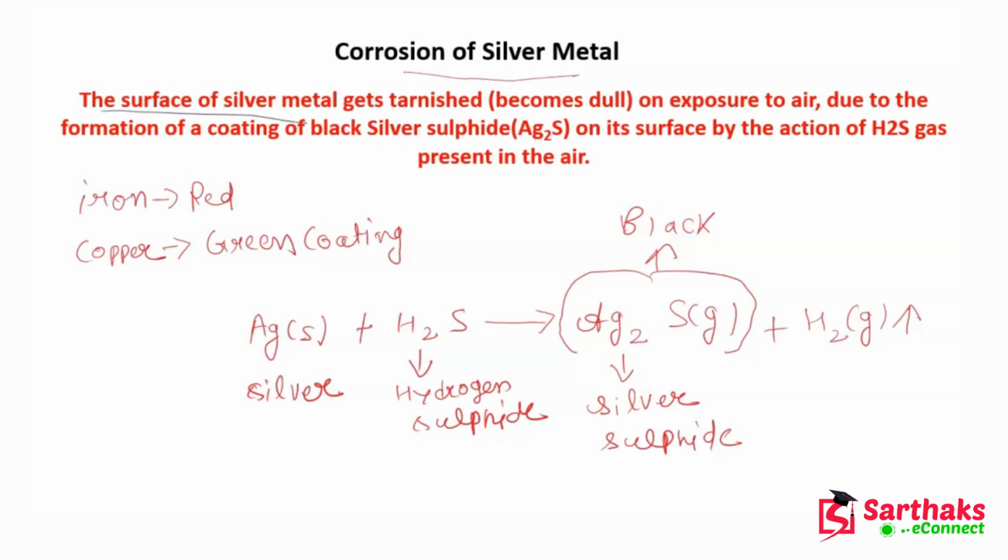The surface of silver metal gets tarnished or becomes dull on exposure to air due to the formation of a coating of black silver sulfide on its surface by the action of H2S. H2S is what? Hydrogen sulfide gas present in the air. So I hope guys this thing is clear to you. Now let's move on to the next slide and let's talk about the other things.